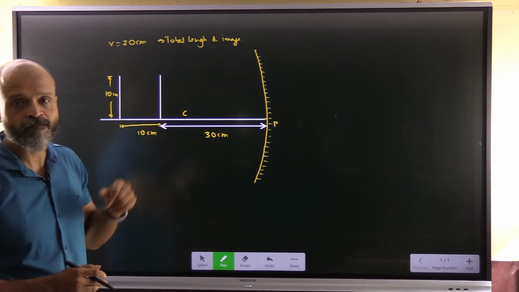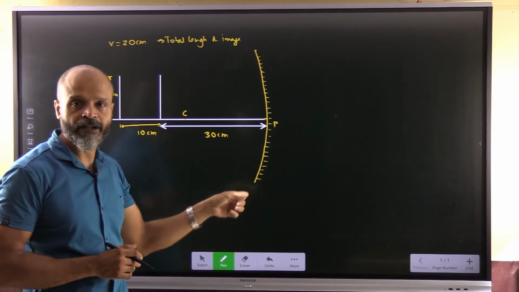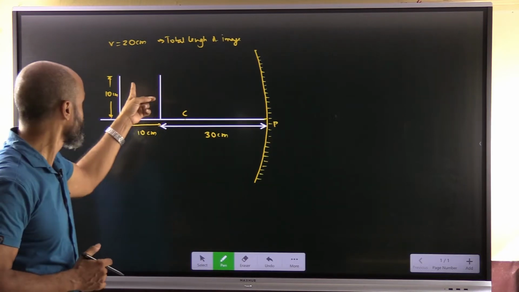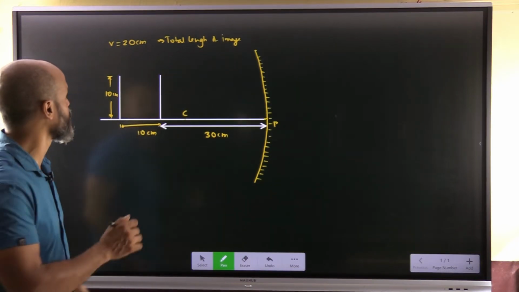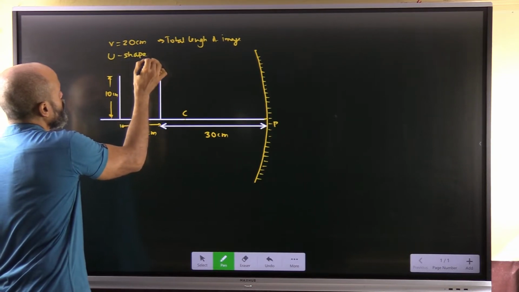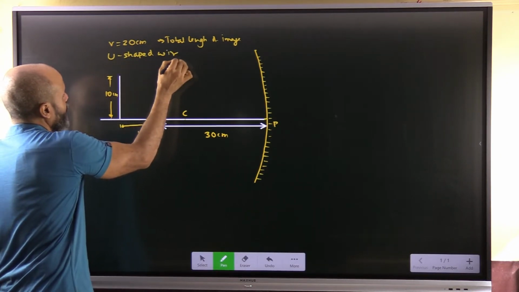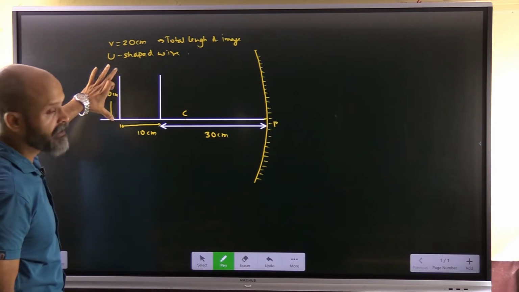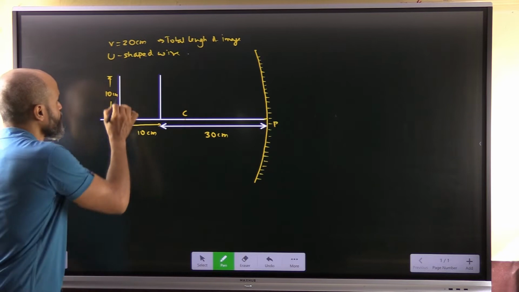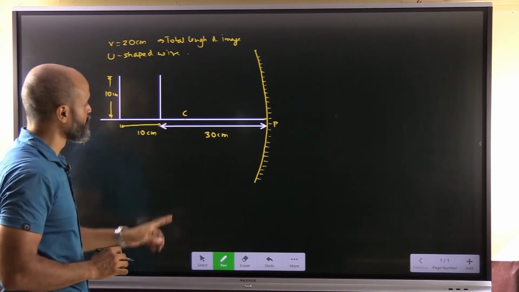So here in this problem we have a concave mirror. On the principal axis is placed a U-shaped wire. If you look at this, it is a U-shaped wire, and this is 10 centimeter, here also 10 centimeter, and this is 10 centimeter as well.